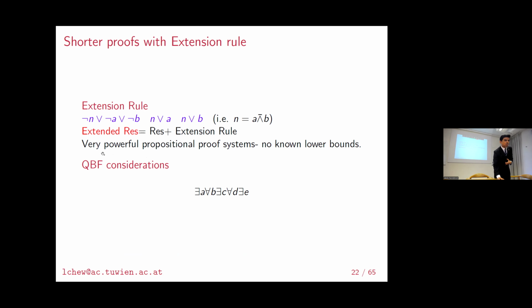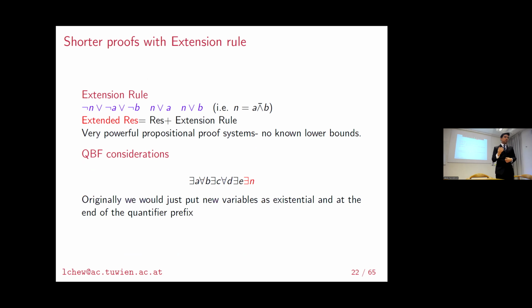Okay, so extended resolution is very powerful. What happens when we try to put this extension rule in QBF? Well, we have to put the extension variable somewhere in the prefix, and we have to give it a quantifier. We always give it an existential quantifier. Originally, it was proposed that we always put this extension variable at the end. This is the safest way to do it, but it's not the most powerful way of using it.